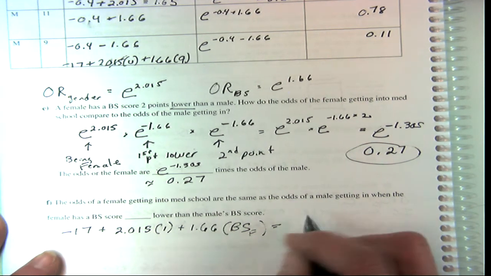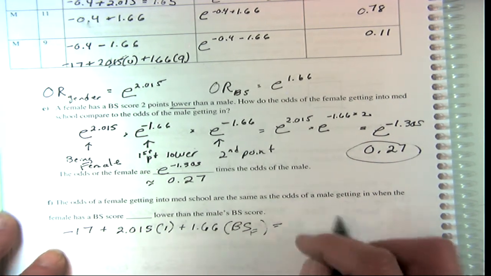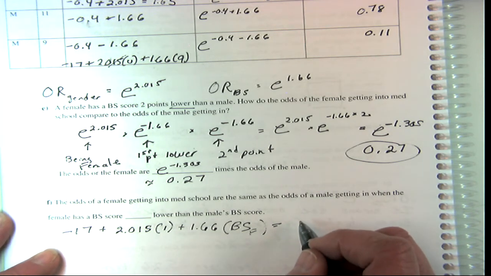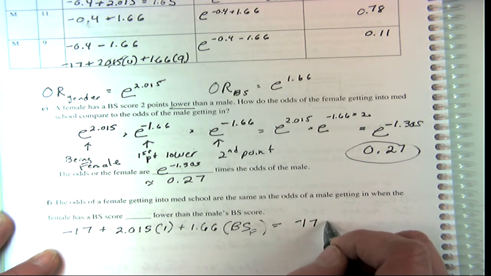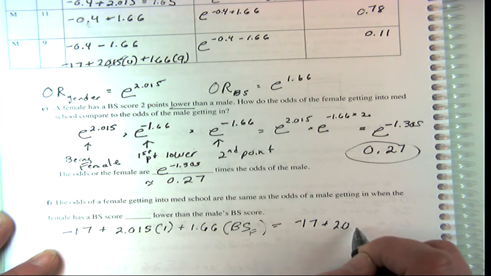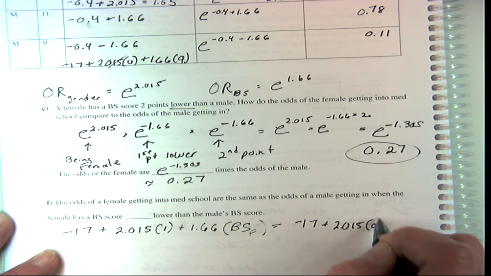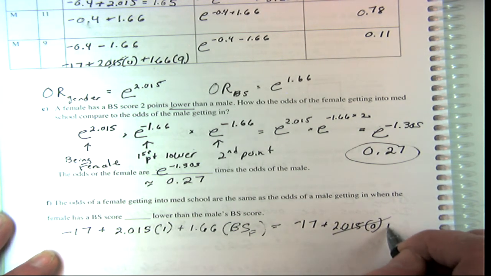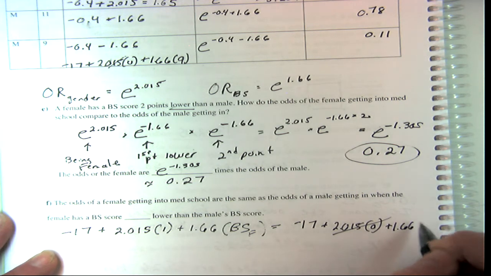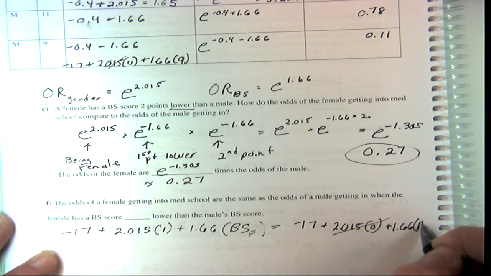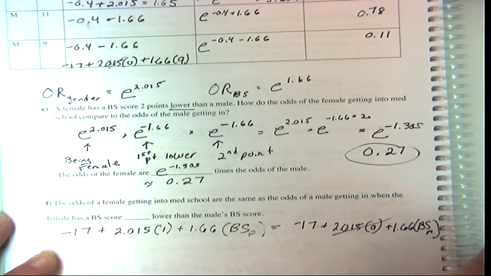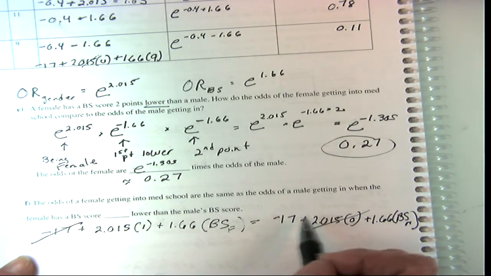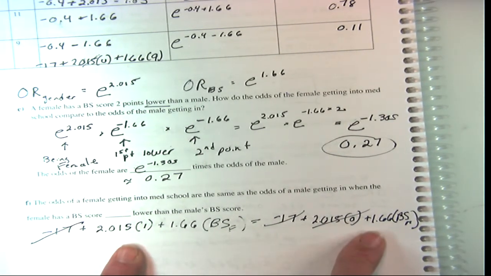And that has to be equal to the log odds equation for the male, which is negative 17 plus 2.015 times 0 plus 1.66 times his biological science score. Now these can both cross off, and now we're left with this.